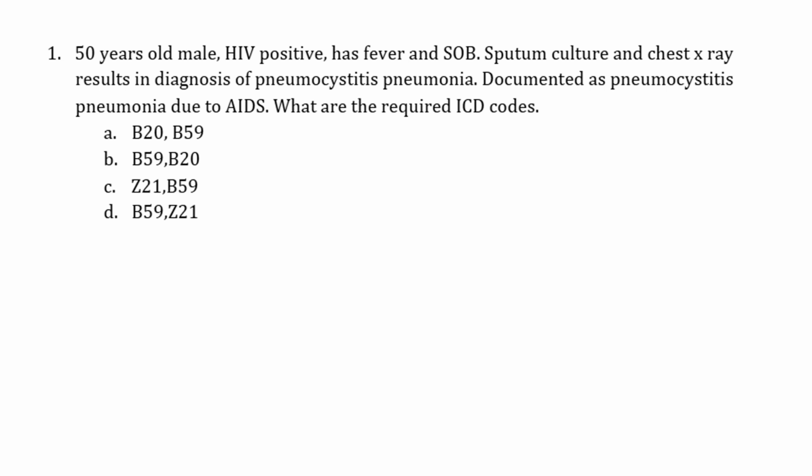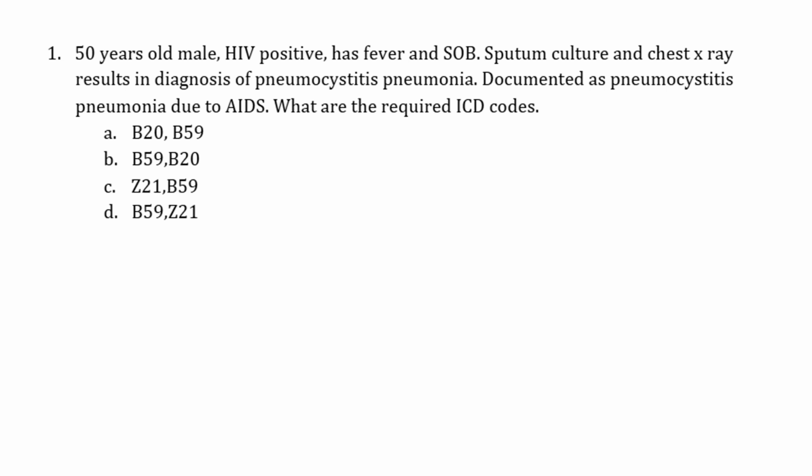Now the next question is: a 50-year-old male, HIV positive, has a fever, and a sputum culture and a chest x-ray result in the diagnosis of pneumocystis pneumonia, documented as pneumocystis pneumonia due to AIDS. What are the required ICD codes? So now we are going to see each and every option.